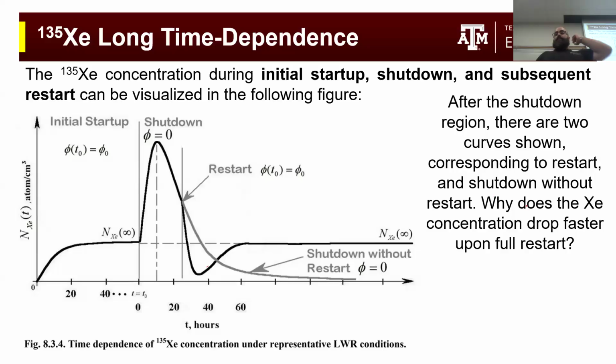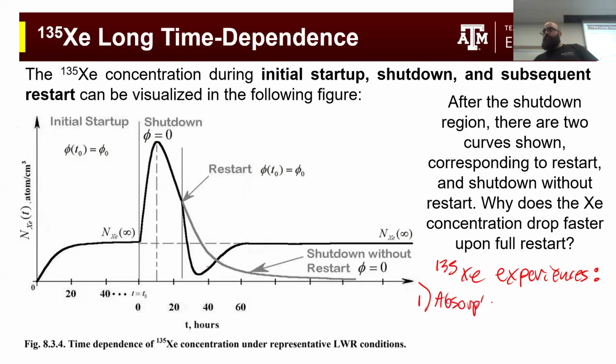So the reason that my concentration drops faster upon this restart is because the xenon has two loss mechanisms. The xenon will experience two things. It experiences absorption loss and it experiences decay loss.